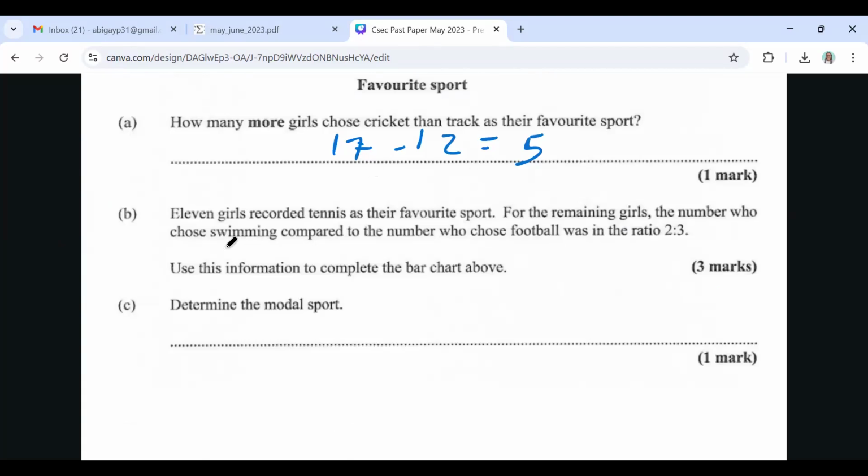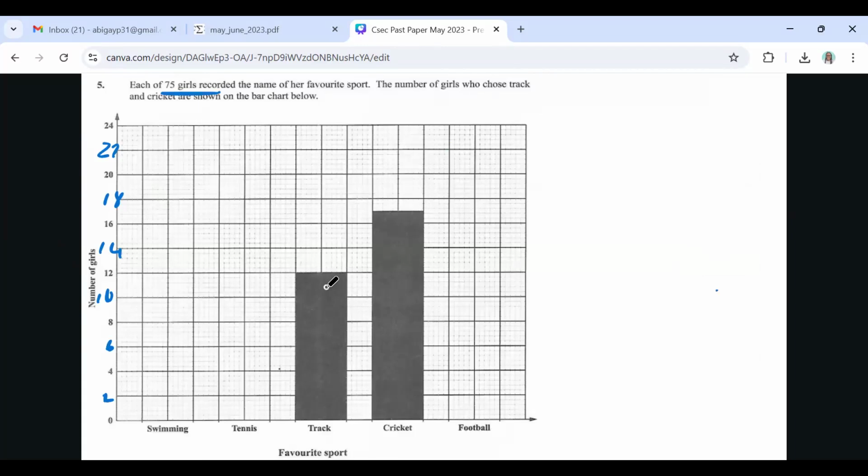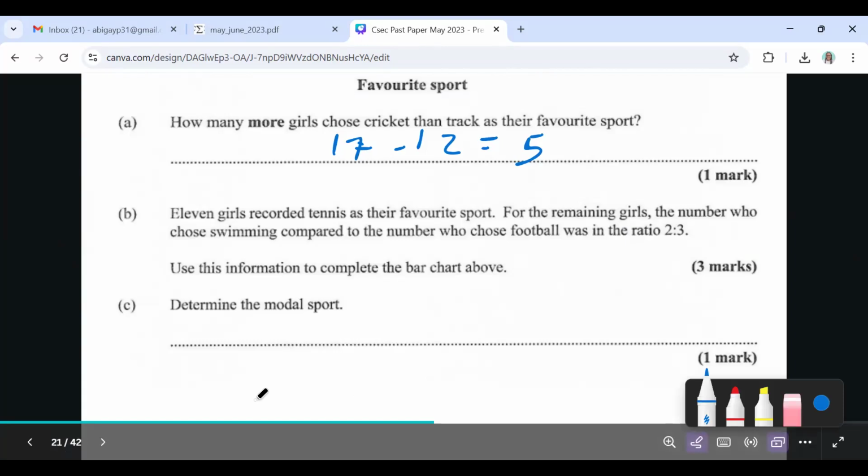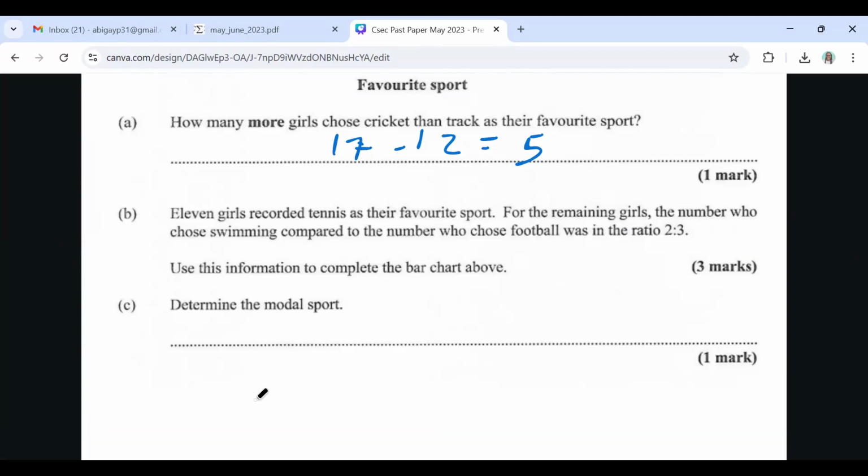So 12 did track, 17 did cricket, and 11 did tennis. I'm going to add those up first. 12, 17, and 11. Add that up, 2, 7, 9, 10, we get 40. And we know that it's 75 girls.